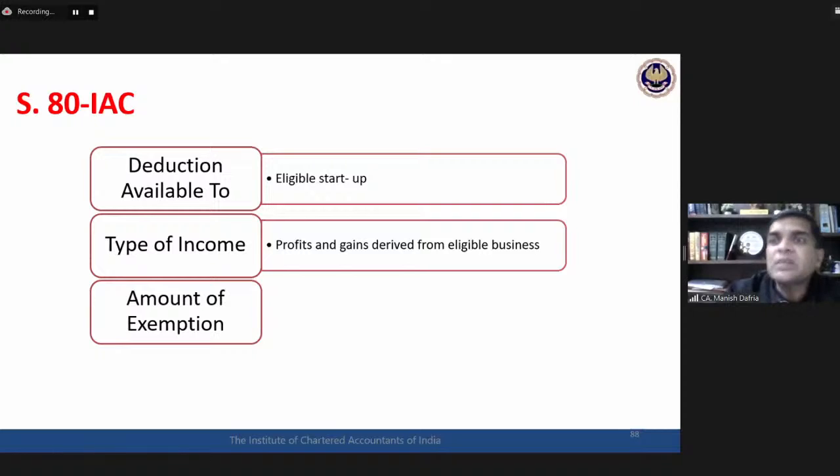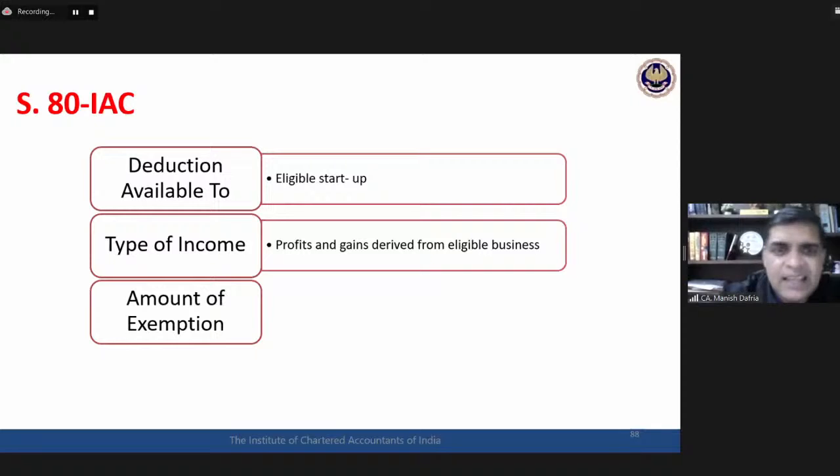How much would be the deduction available? This is the basic crux of this section. This much at least everybody should know. After this, there are a number of other provisions, but many times we become so involved in a number of things that we sometimes lose focus on the main part of the provision. That's why in my PPT, I always focus first on the main part. Then all others are related incidental provisions.